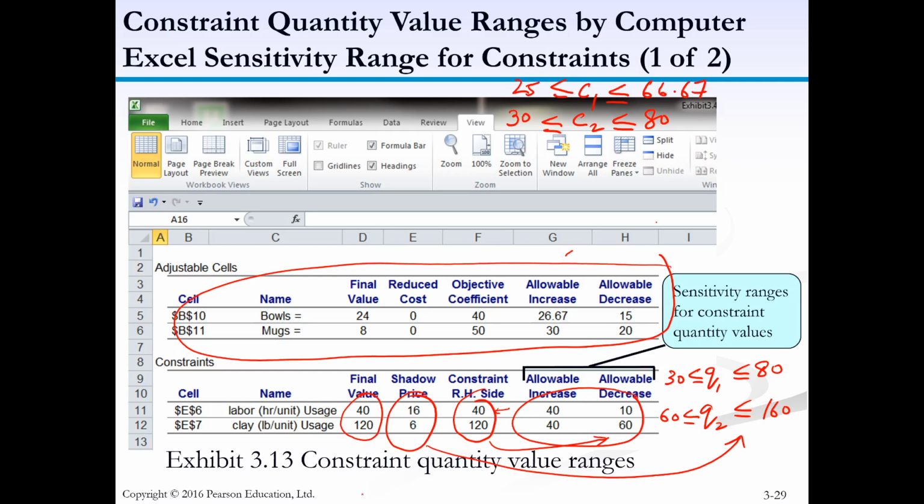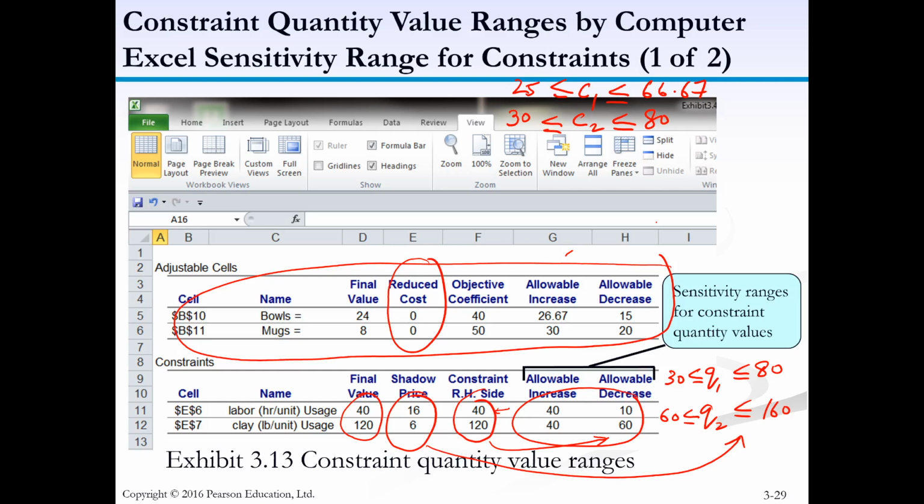There's one thing which is not explained yet, which is reduced cost. The concept is this: how much the profit should be increased so that that product or that variable comes into the solution mix.